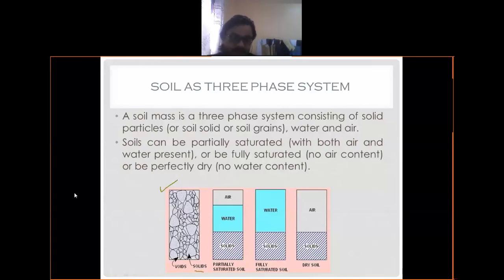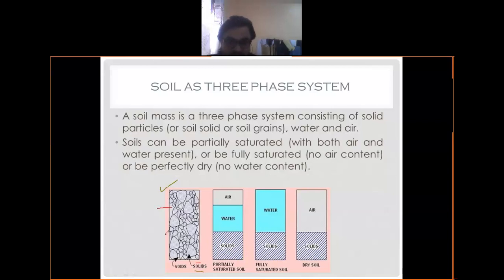So these irregular sizes and shapes represent soil solid, actually soil particles. Among these soil particles, some gaps may be generated, vacant space.